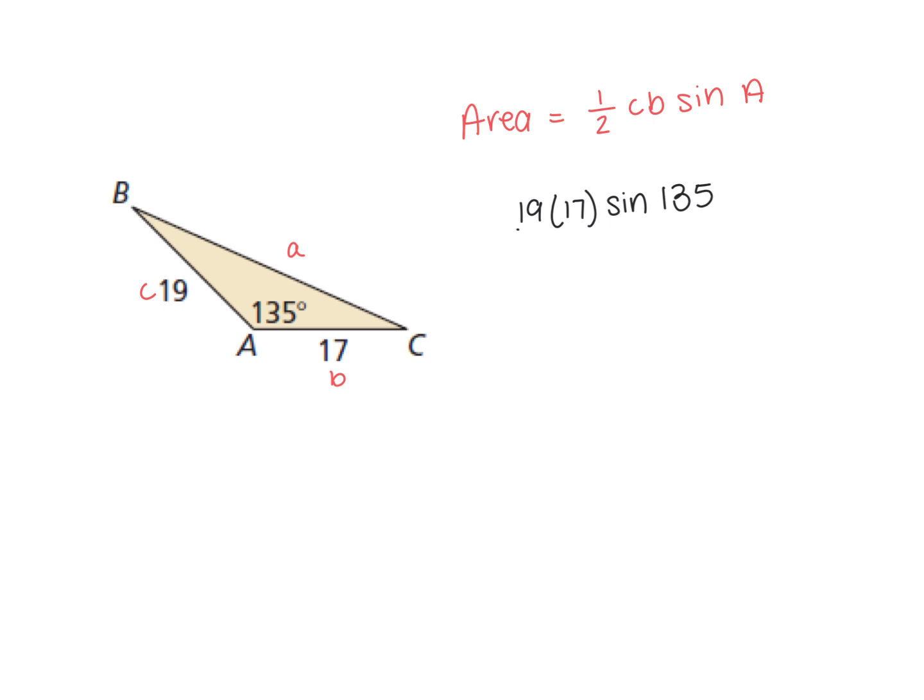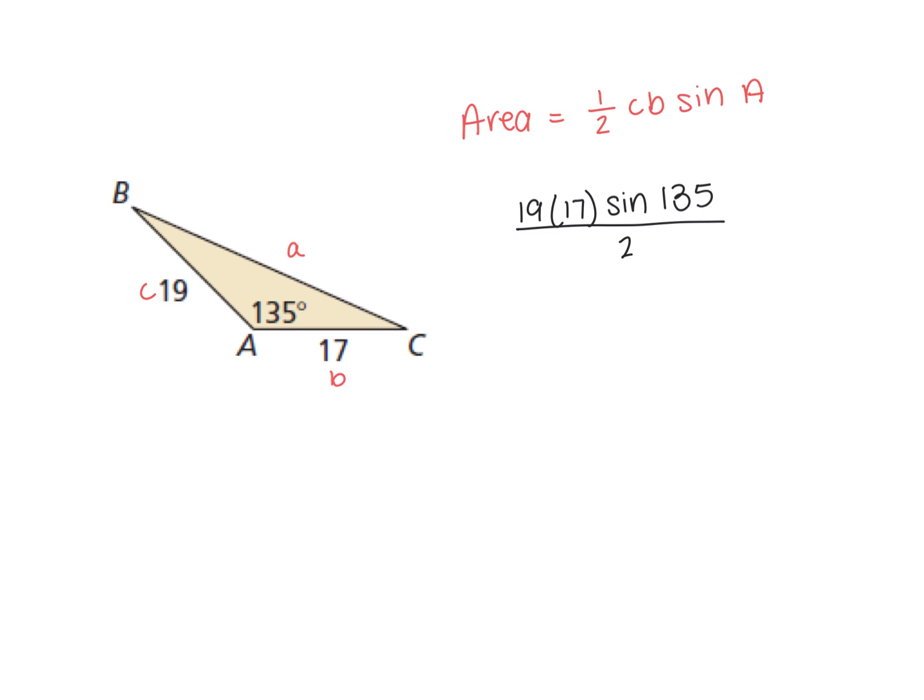And again, I like to divide it by 2, or you could multiply it by a half. That's up to you. So go ahead and plug it into your calculator: 19 times 17 times sine 135. Please be aware, you have to close your parentheses on your 135. If you are not closing that parenthesis, it's going to be an error or incorrect.